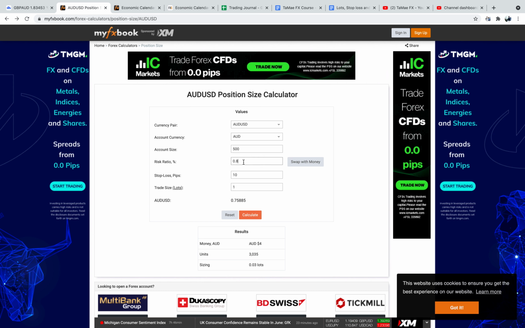We want it to get to 0.01. So, 0.06, 0.05, calculate, 0.04, let's see. 0.03.